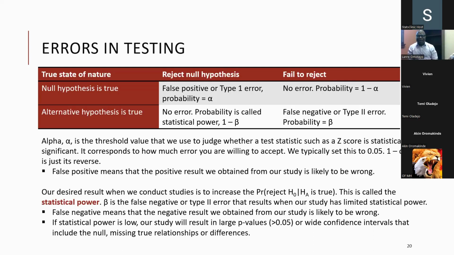But if the consequence of making a wrong decision is so significant, somebody might die, something significant might happen, then maybe I cannot tolerate any error. Maybe my alpha will be 0.001. So an alpha is an indication of how much of the type 1 error you are willing to tolerate.